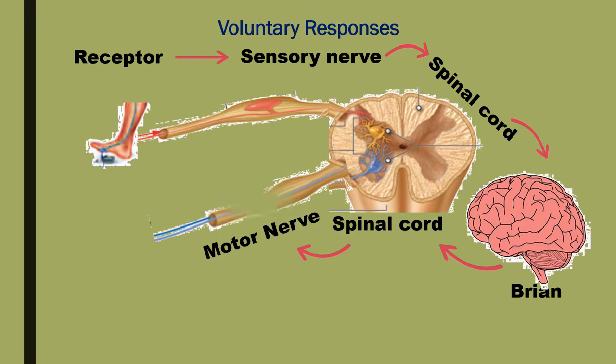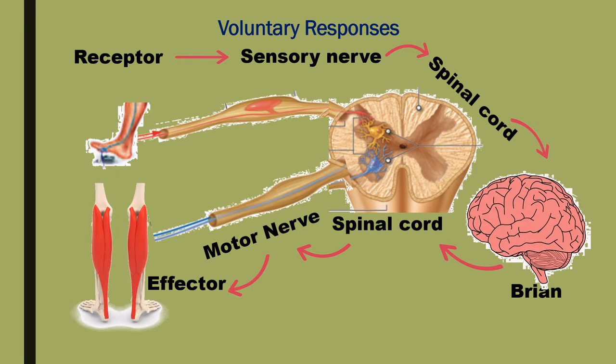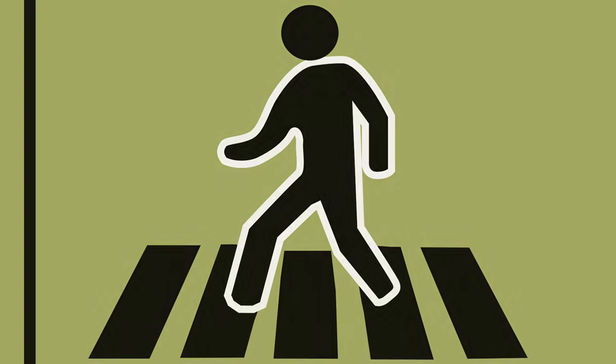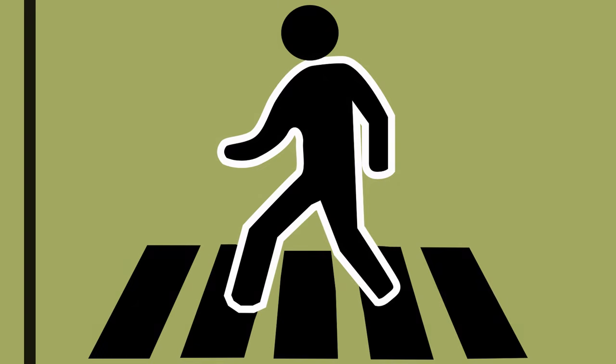Spinal cord relays the commands through the motor nerve to the effector. Effectors are the muscles. They respond to what the command says. The process occurs during voluntary responses like raising your hand to answer a question or crossing a road on foot.